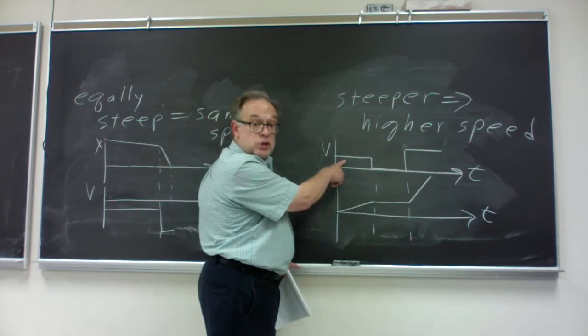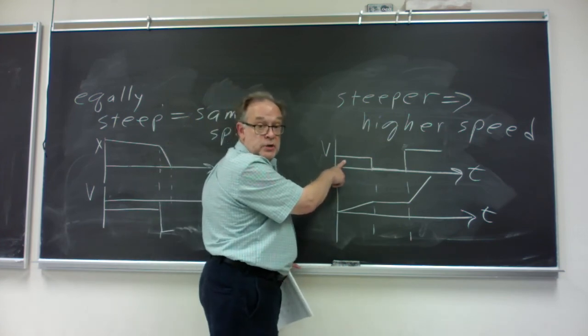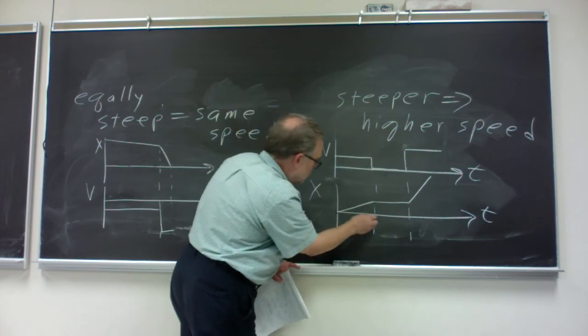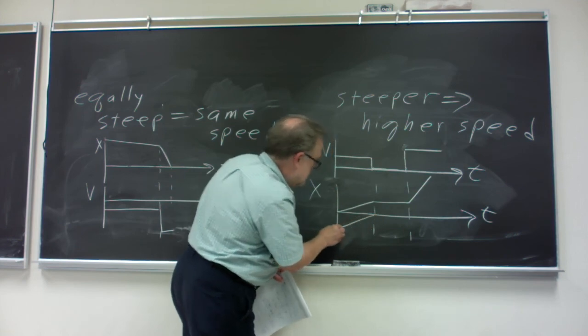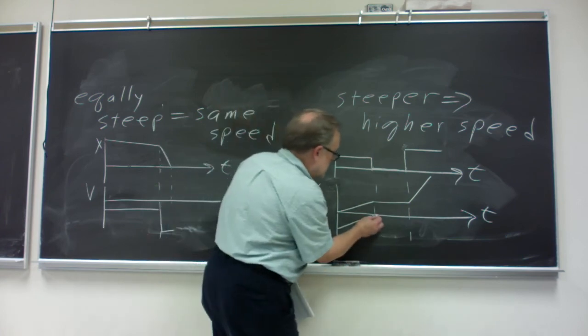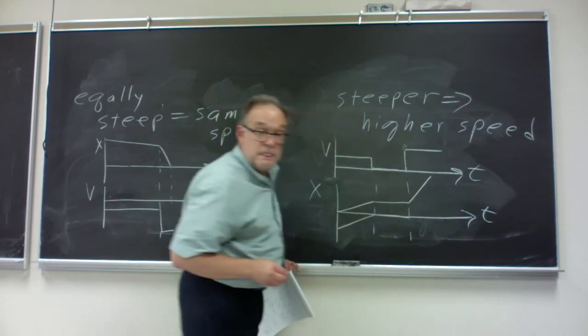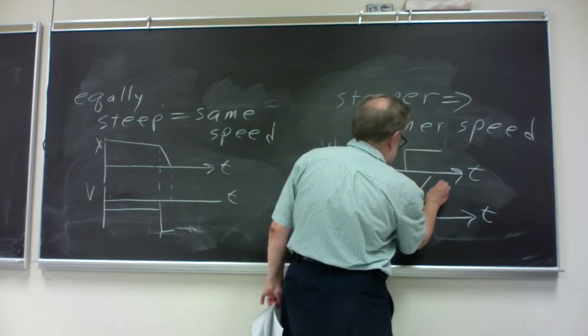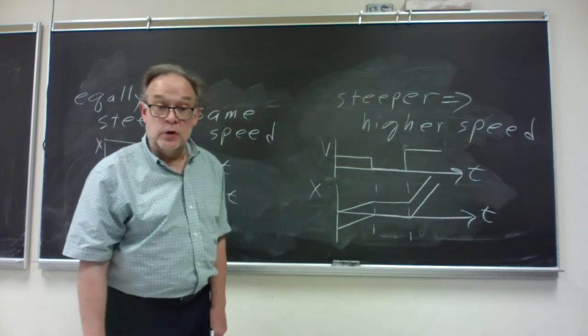This only tells you the slope, it doesn't tell you the actual location. So you might have a position line like this with the same slope but passing through different locations. Same slope but different location.